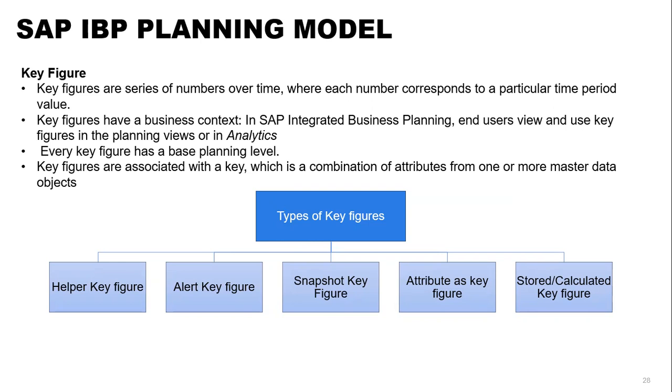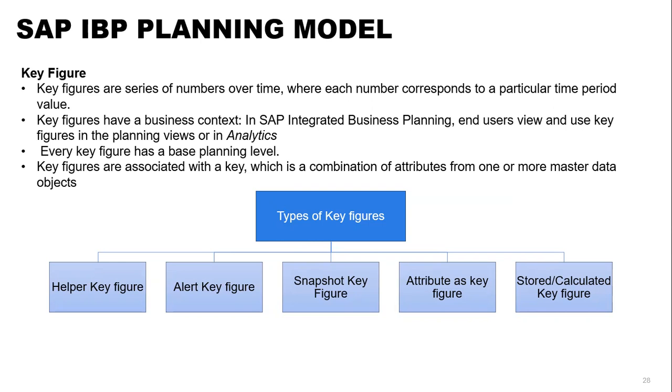But if you want certain constant factors which don't vary across time, in those cases we'll use one of the attributes as a key figure. So the attribute will be constant. It is not time dependent. Okay, right?